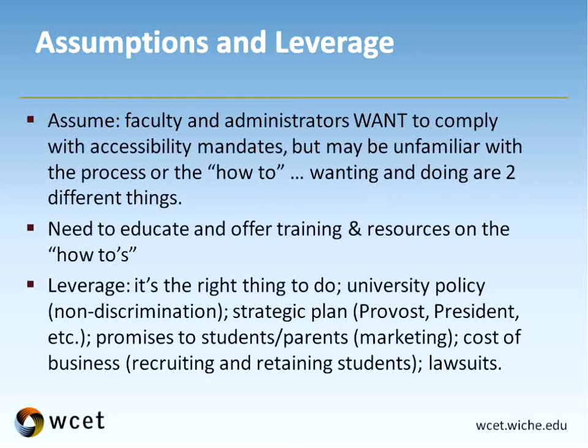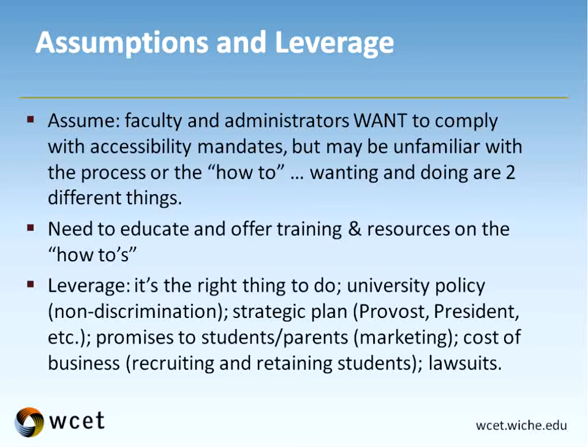They may, however, be unfamiliar with the process of doing so, and so wanting to do so and knowing how to do those things sometimes are two different things and competing things. So our realization is that we often need to educate and offer training and resources on the how-tos for faculty, sometimes staff, but primarily faculty.